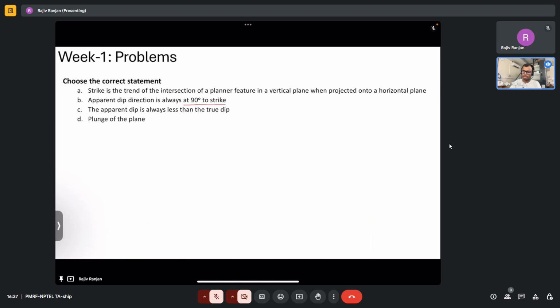Option C, the apparent dip is always less than the true dip and plunge of the plane. So from here we can see that option D is incorrect. Why? Because plunge is not measured for a plane. Plunge is measured for lineations, right? And for a plane, we measure dip, or strike and dip direction.